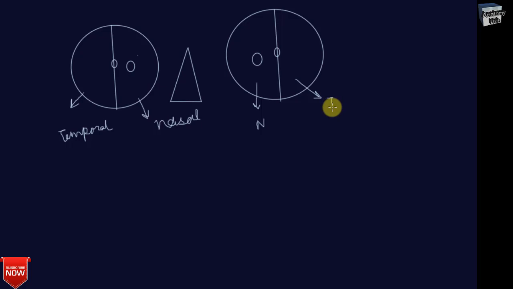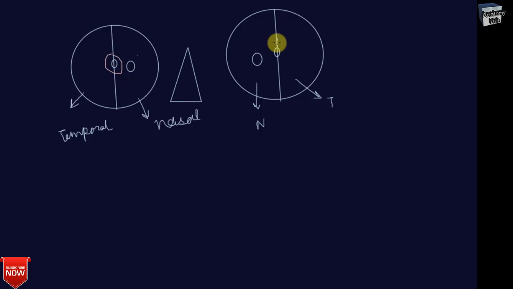At this point you will find the fovea centralis, or you can say the macula lutea. Just to the side of that is the paramacular area.